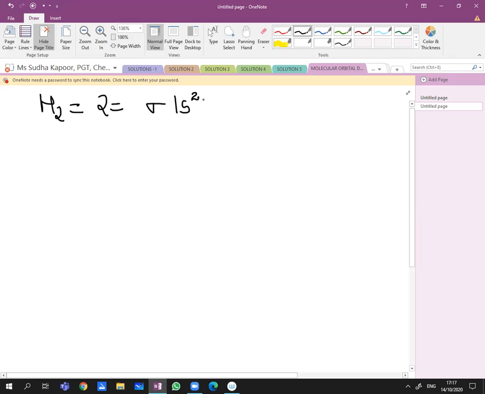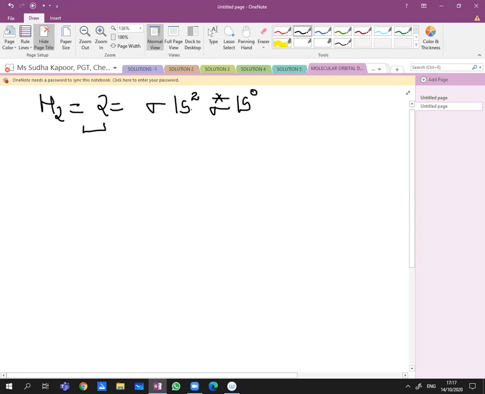So we get sigma 1s2, but as we have studied earlier, whenever we write the sigma, there is always the anti-bonding sigma star 1s. Since there are only 2 electrons, we write sigma 1s2, and in the anti-bonding case we write 0, or if we don't write it, it doesn't matter here.